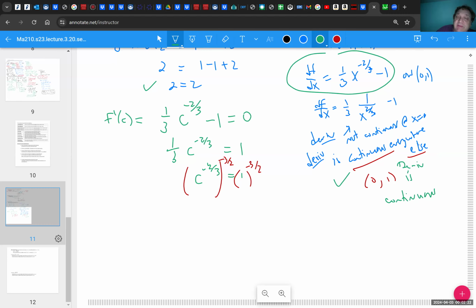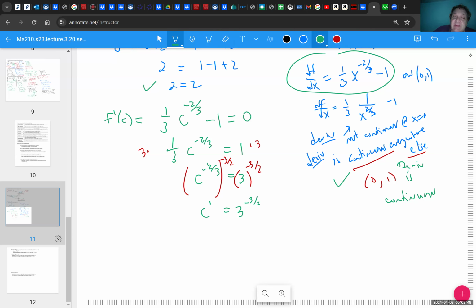So if I multiply those exponents, I get c to the 1. Oh, that's not 1. I was trying to fix it and I fixed it wrong. If I multiply both sides by 3 up here, then I end up with a 3 in there. Okay, there we go. So you get 3 to the negative 3/2 power. And that's my value of c.